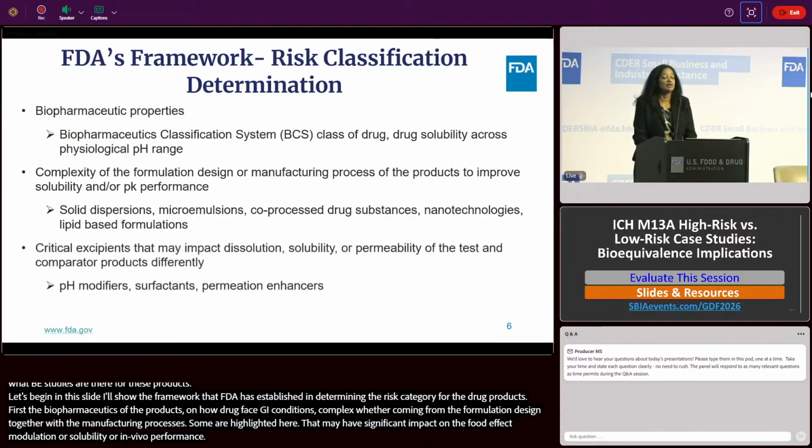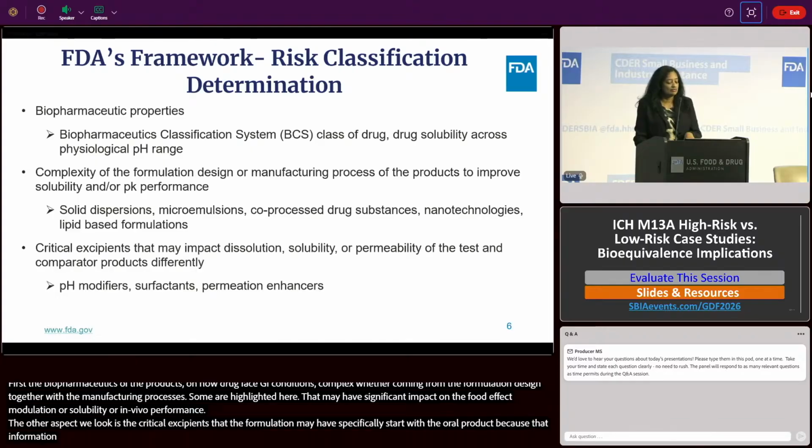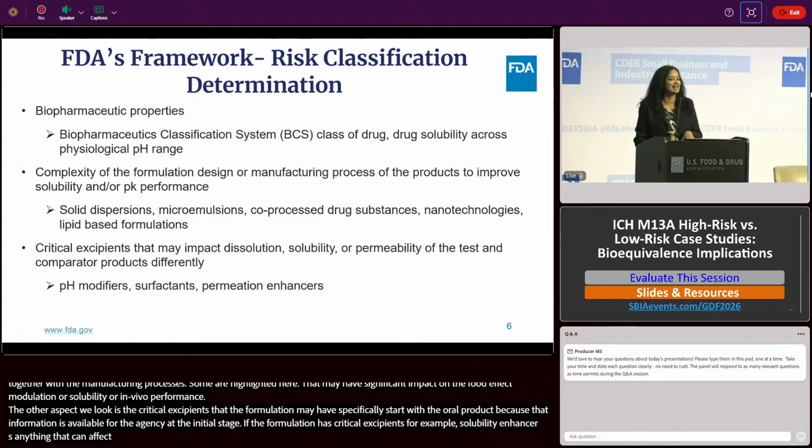The other aspect we also look at is the critical excipients that the formulation may have. Specifically, we start with the RLD product because that's the information available to the agency at the initial stage. If the RLD formulation has any critical excipients, for example surfactants, solubility enhancers, anything that can affect the in vivo PK performance, we take that into account in classifying the drug product.